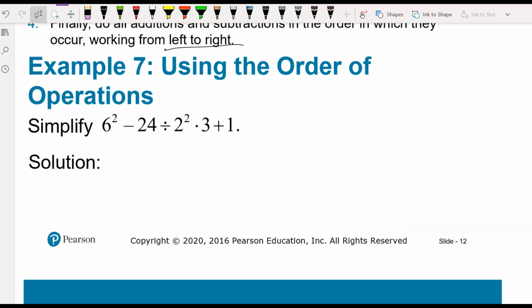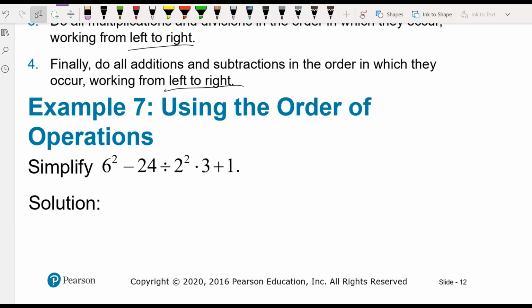All right, using order of operations, we're going to do this example. So parentheses first, we don't have any parentheses. So that means we're going to do our exponents first. So 6 squared is 36.